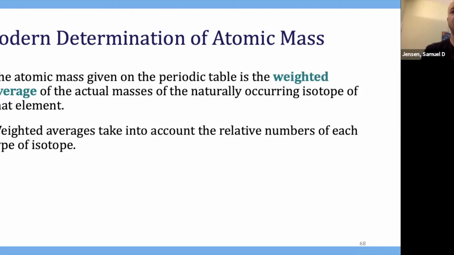The mass number and atomic mass both have mass in them, but they don't mean the same thing. The atomic mass that we find on the periodic table is the weighted average of the naturally occurring isotopes.